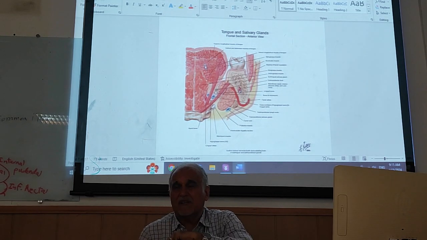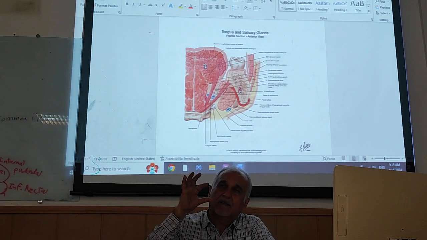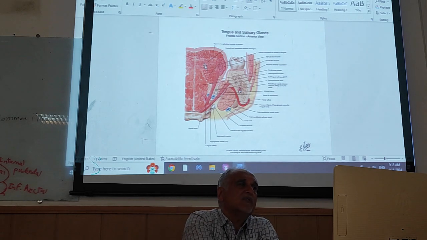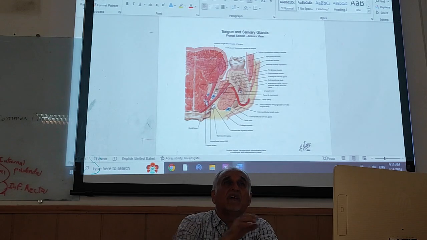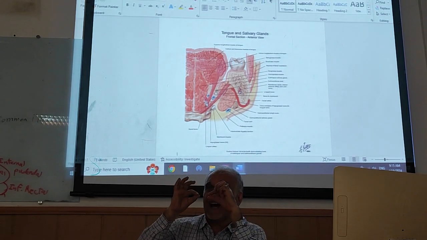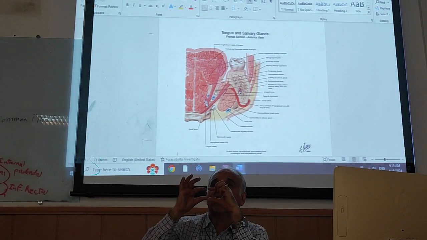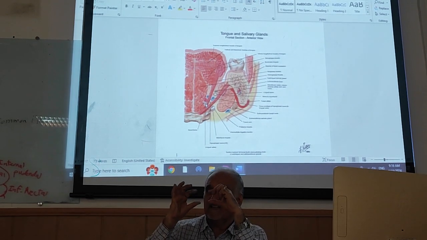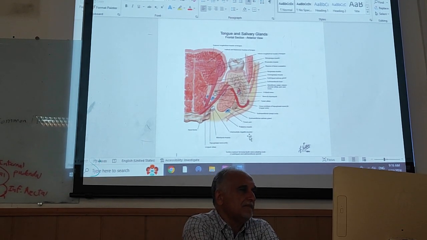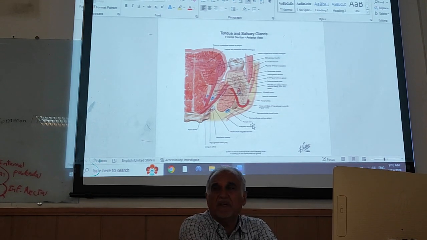Look at the direction of these muscles, from superior to inferior. When they contract, they cause the tongue to become thin, and it may become longer.